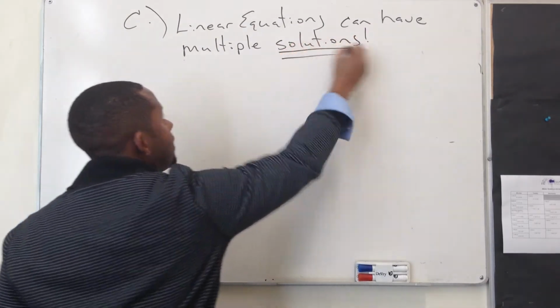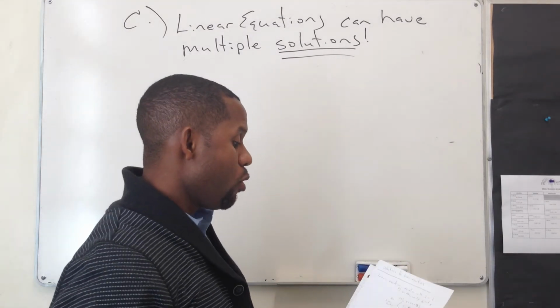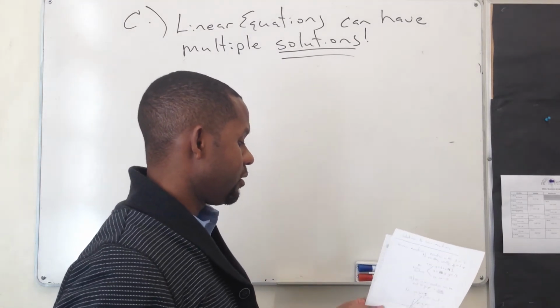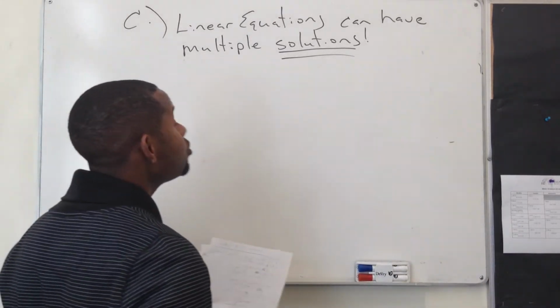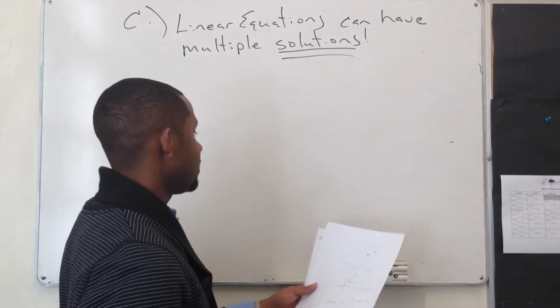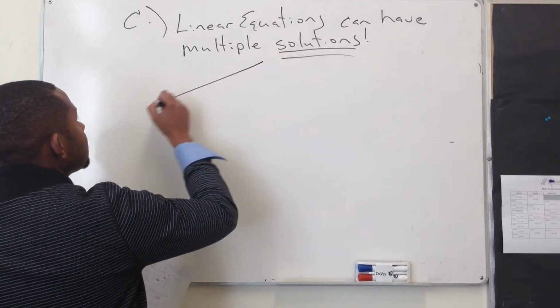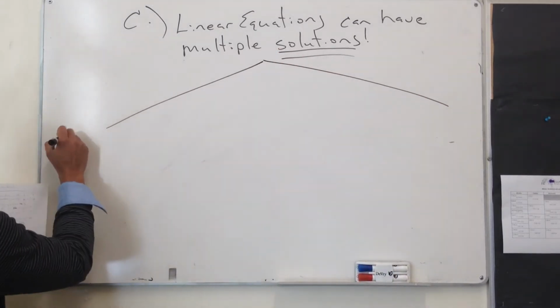There can be more than one answer. There very often is more than one answer to a linear equation. Now, there are two types of solutions to linear equations. So let's start talking about these solutions.